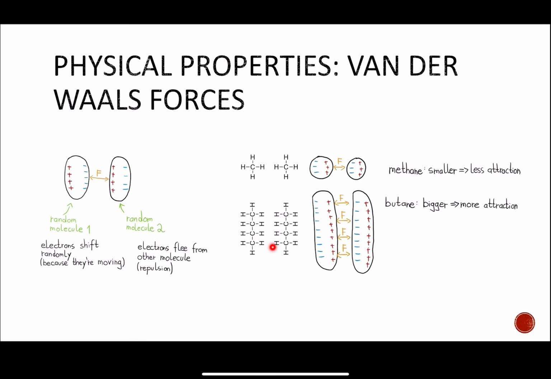And in this illustration here on the right side, we can see that the longer molecules, of course, are able to develop more van der Waals forces than small molecules like methane. So it should be quite apparent that butane molecules have more van der Waals forces between them than methane molecules, and that's why butane molecules stick closer together. There are more attraction forces between the molecules.